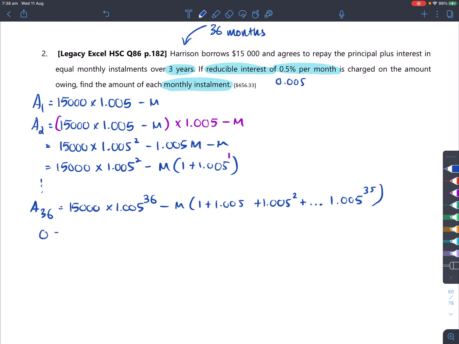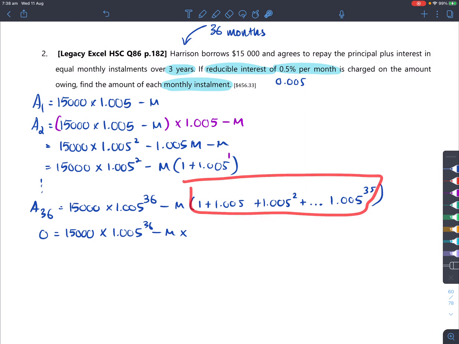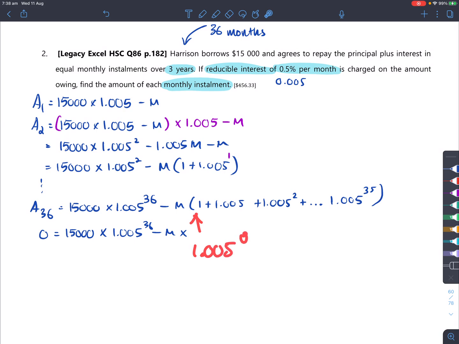So 0 would equal to 15,000 times 1.005 power 36 minus M times, and then we sum this up, and remember that this would have 36 terms rather than 35. All you have to do is get that to be 1.005 to the power 0, and then 35 minus 0 plus 1 is 36. So, we'll use the sum formula. So you go and apply it.